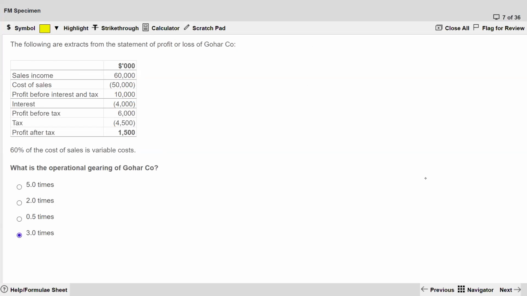So 3 times is the correct answer. Yeah, 40% is contribution.